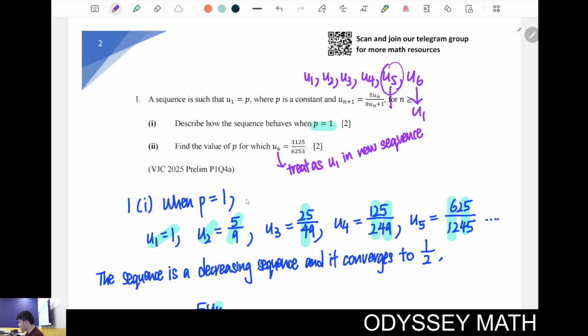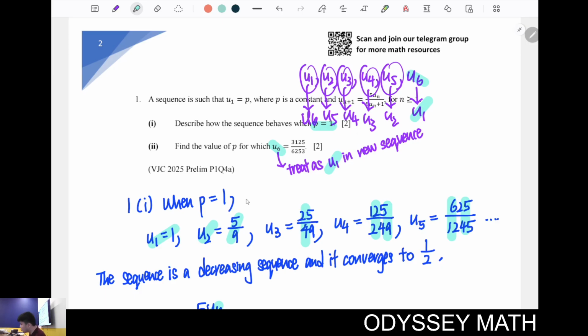For u5, I treat it as u2. For u4, I treat it as u3. For u3, I treat it as u4. For u2, I treat it as u5. For u1, I treat it as u6. So basically now I reverse the sequence. I look at the sequence in reverse.